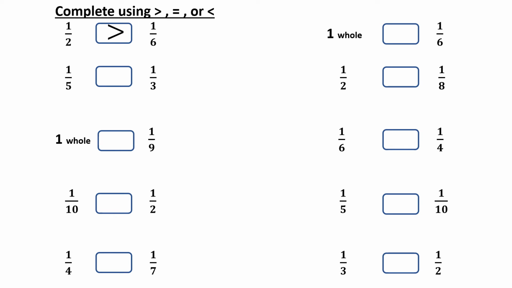Excellent. 1 over 5 or 1 over 3, a fifth or a third. Here we have also crazy fractions because we have the same numerator. Then crazy fractions tell us 3 is greater than 5. Excellent. 1 whole or 1 over 9.